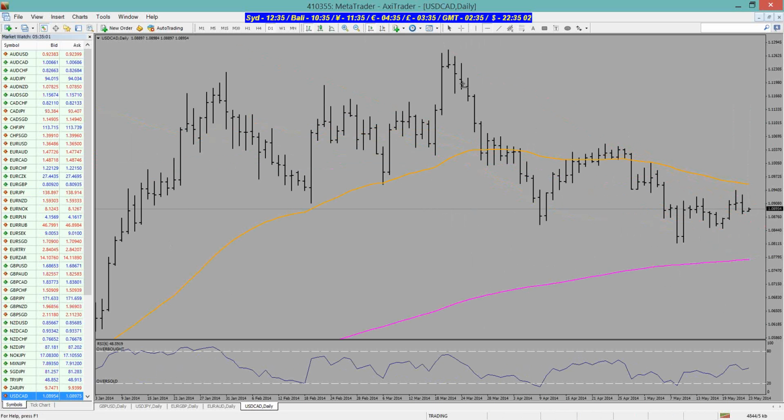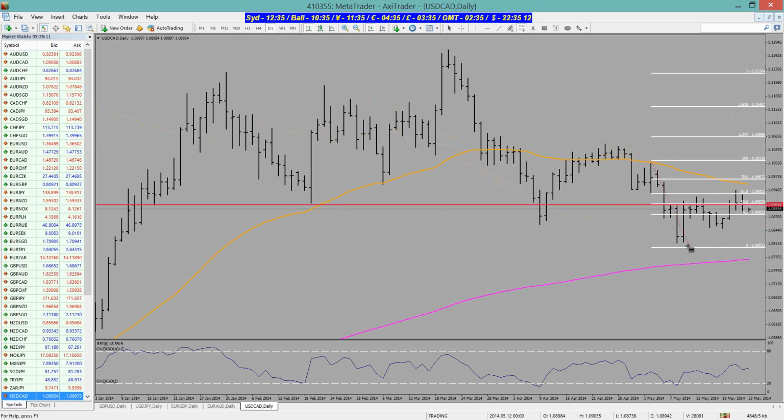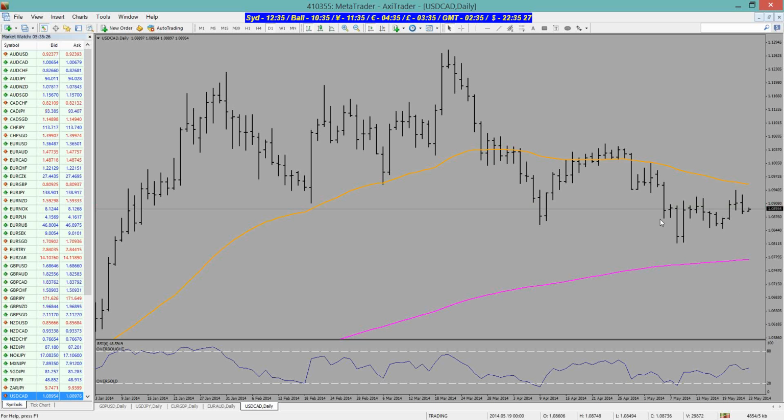Well, you could argue, yes, you do. Do you have Fibonacci resistance? You could say, yes, you do. Momentum's in the middle, so it could go either way from here, and you'd make decent money if it went either way from here. But which way is it going to go?